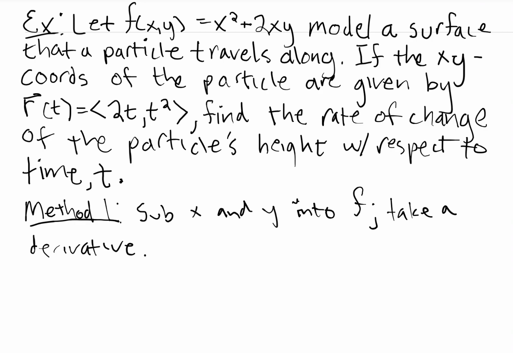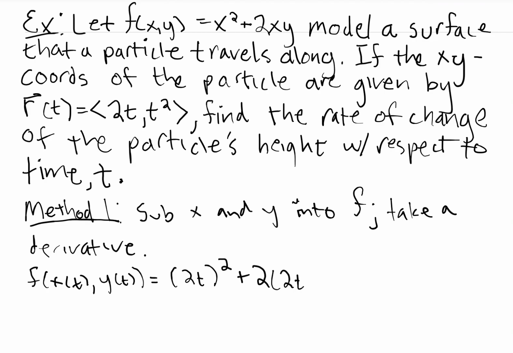So here I'll note, if I take f of x of t, y of t, this composition is having me substitute 2t in each time I see x, and it's having me substitute t squared in each time I see y. So I can consolidate this. We'll think of this as basically f of t now.